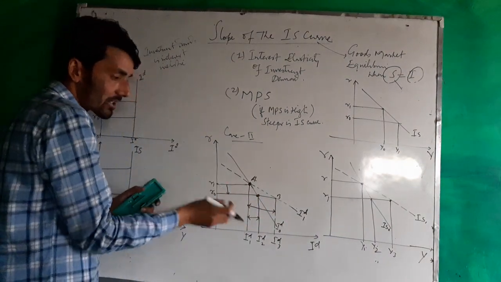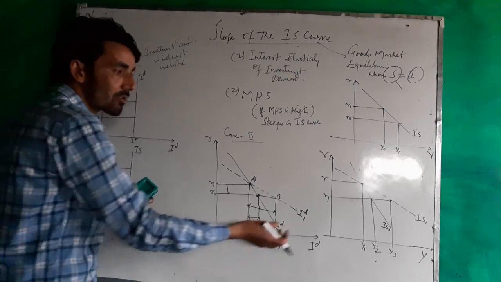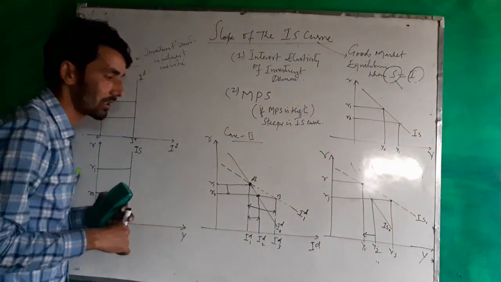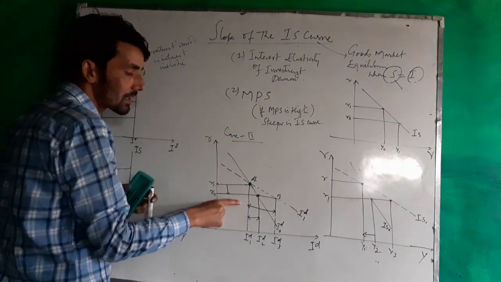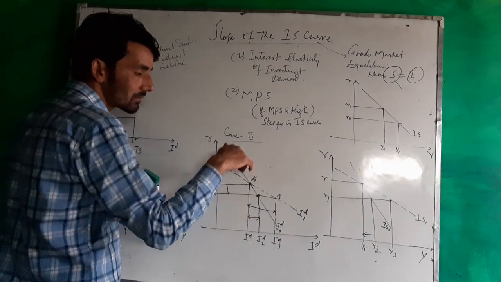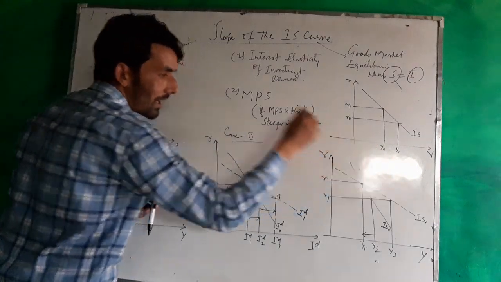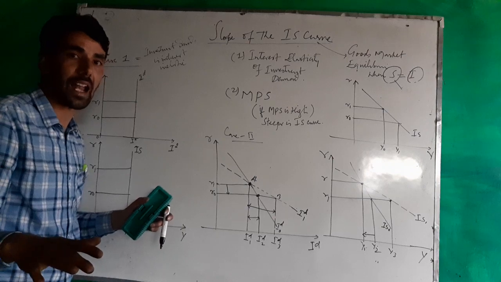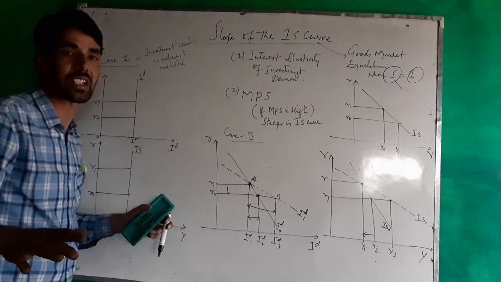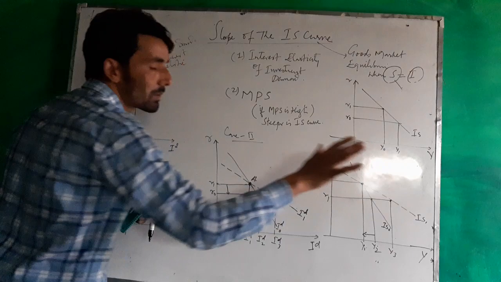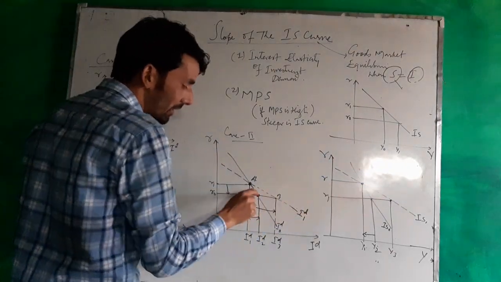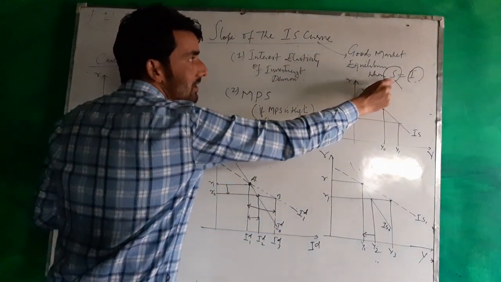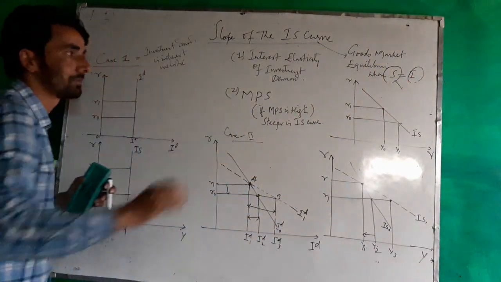Since the rate of interest has brought a small change in investment demand, we need a small amount of income change so that saving equates investment. So investment demand determines the slope of the IS curve. If investment demand is sensitive to the change in the rate of interest, then the IS curve will be flat. If this is steep, then it will also be steep. The mechanism is to maintain this saving-investment equality.